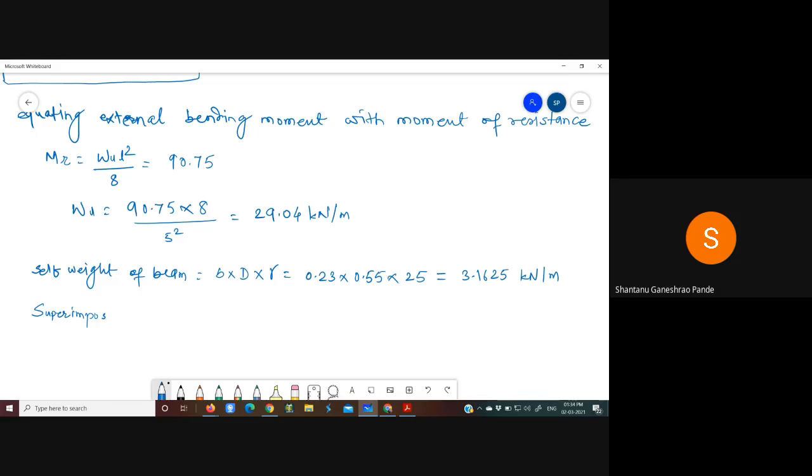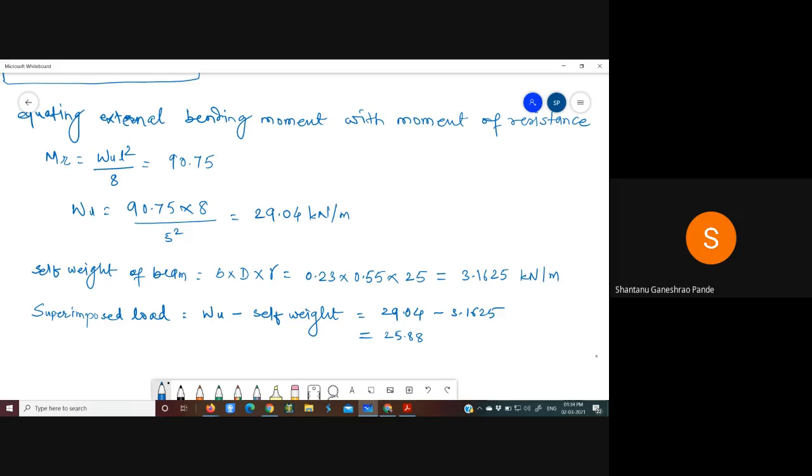So superimposed load will be equal to this WU minus self-weight. So 29.04 minus 3.1625 is 25.8775.